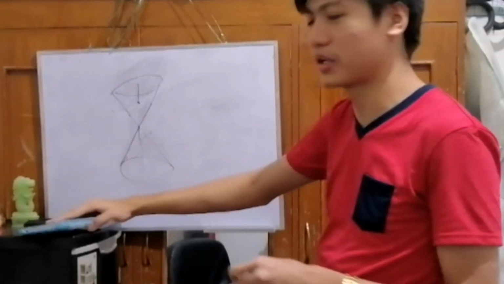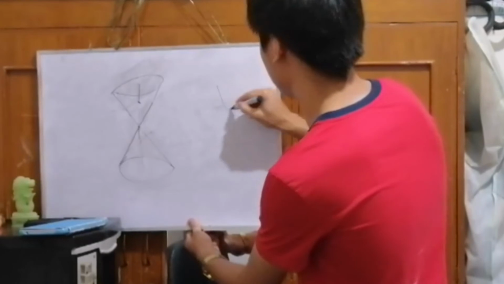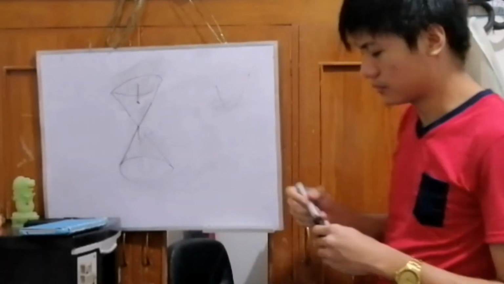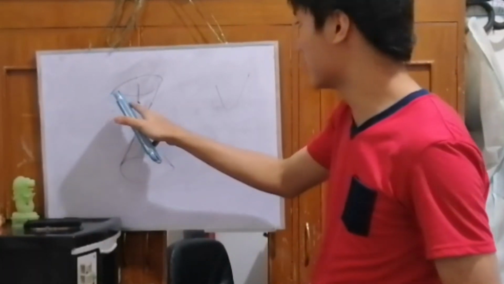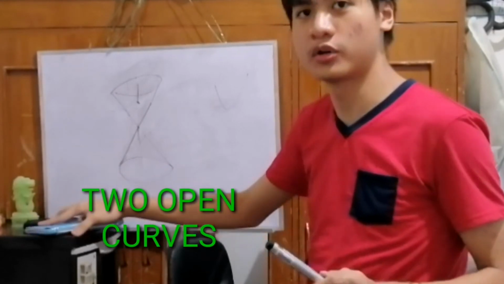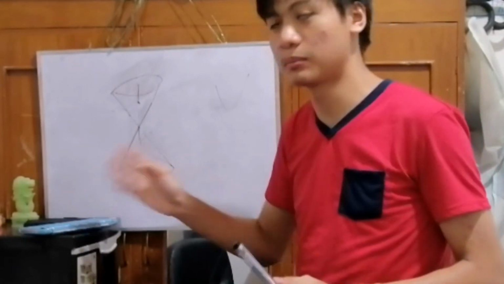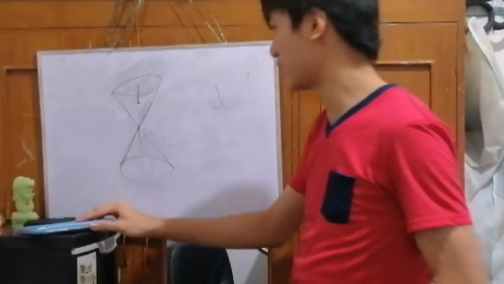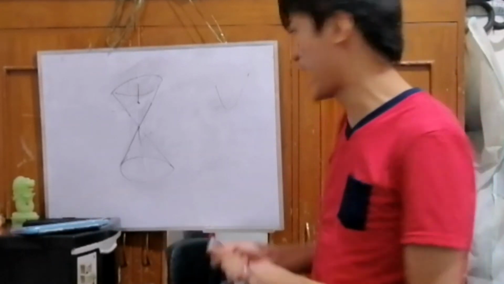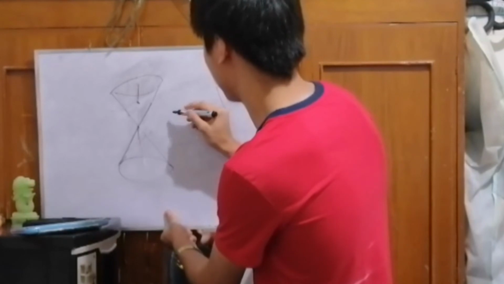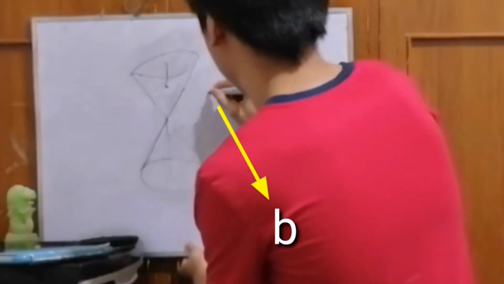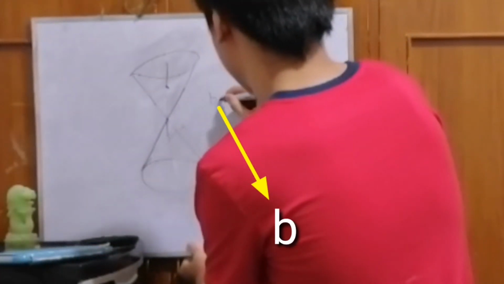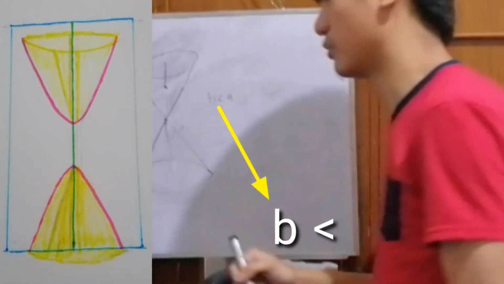When we refer to an open curve, that is the way it is shaped like this. Now, the hyperbola is two open curves made by the intersection of the plane in both nappes. And this means that in the hyperbola, the angle above the vertex is lesser than the angle below the vertex.